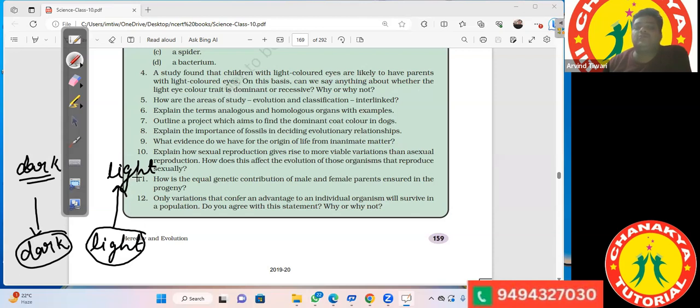Their parents should have light colored eyes, not dark colored eyes. On this basis, can you say whether the light color trait is dominant or recessive? We cannot say anything about that. Simple thing: we can't say whether it is dominant or recessive on this basis.